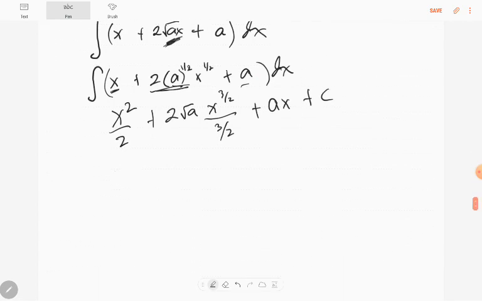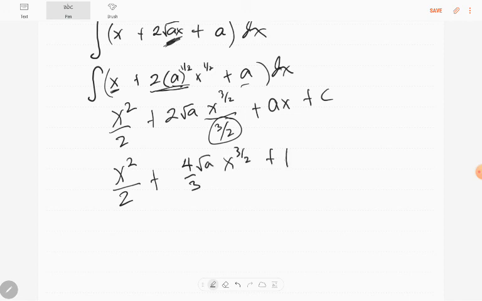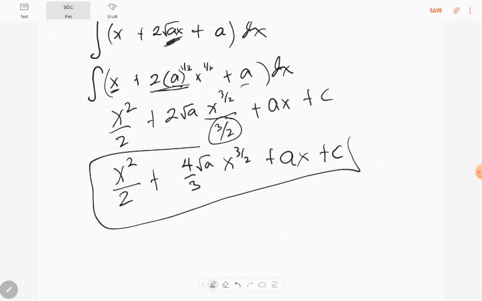You just have to simplify, so this is x squared over 2 plus your reciprocal is 4 over 3 square root of a x raised to 3 halves plus ax, oh sorry, this should be ax plus c for the last item.